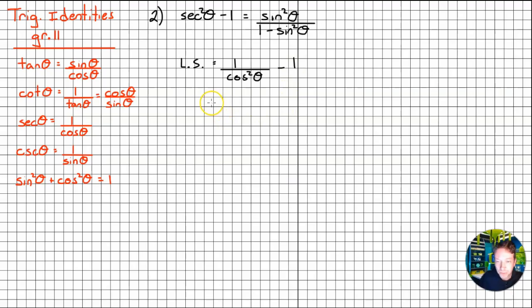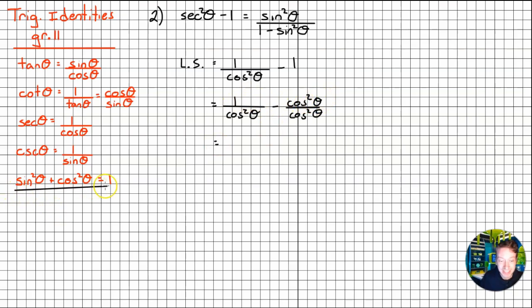So let's write this as 2 fractions that we can subtract. So the common denominator is going to be cos squared theta. So instead of 1, I'm going to rewrite this as cos squared theta over cos squared theta. So if I do that, on the numerator, we get 1 minus cos squared theta.